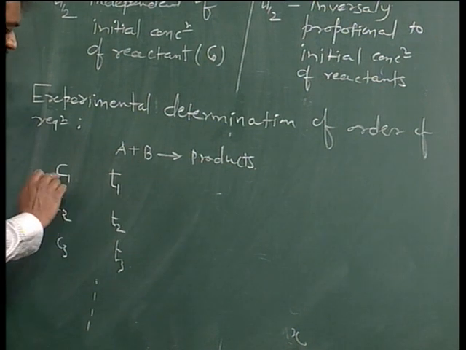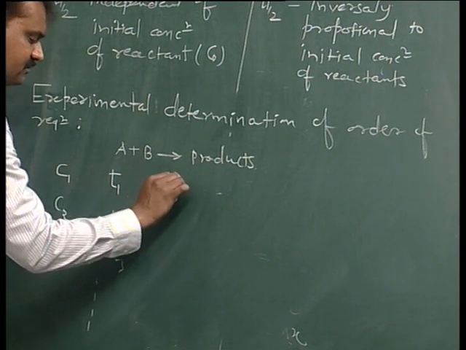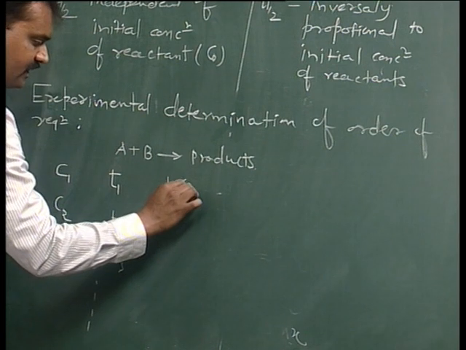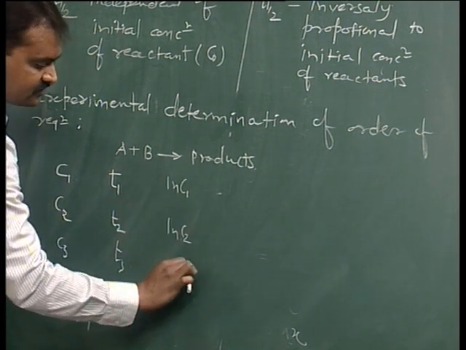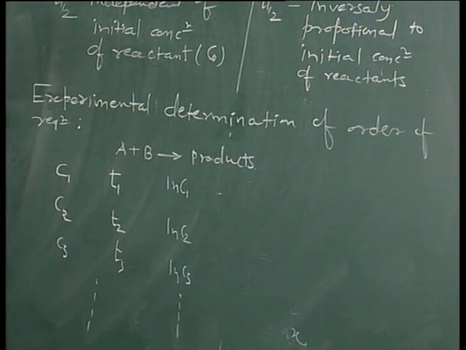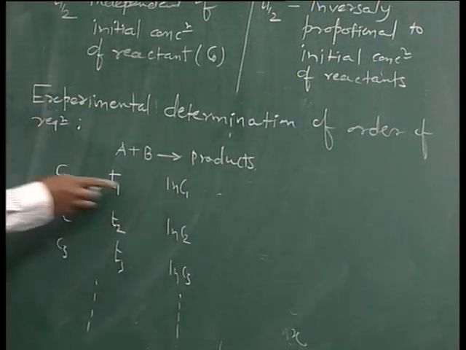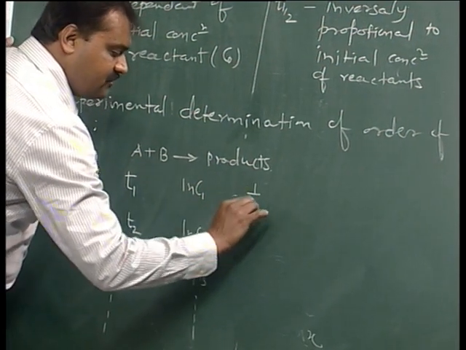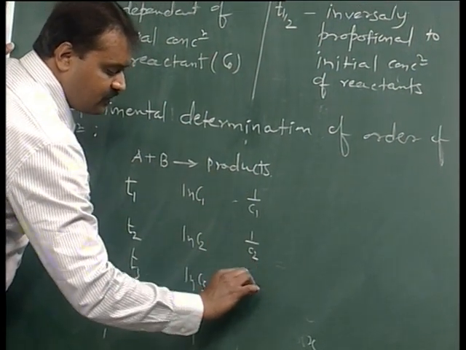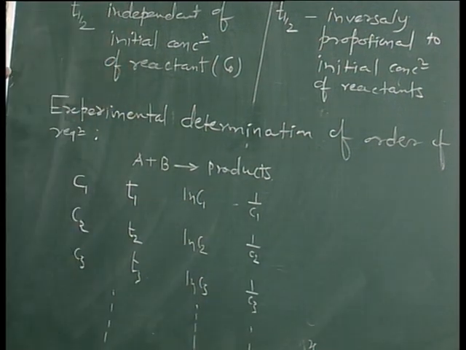Now we can take the ln of these values, that is ln C1, ln C2, ln C3, and so on. Similarly, we can take the reciprocal of these values as 1 by C1, 1 by C2, 1 by C3, and so on.